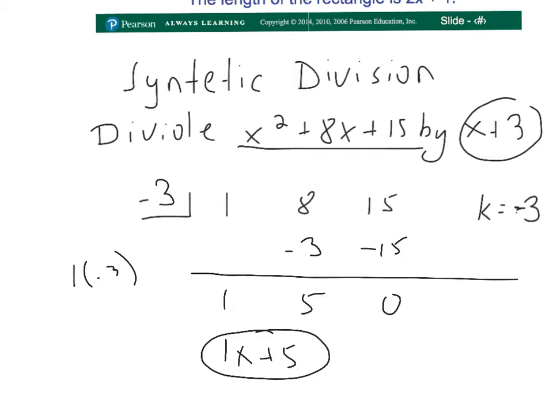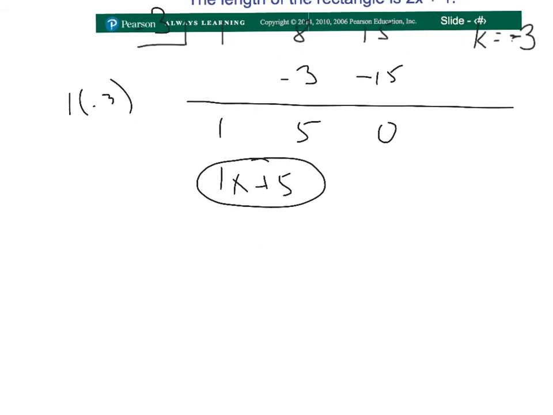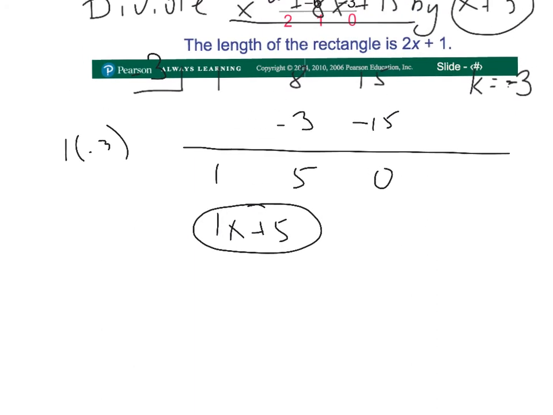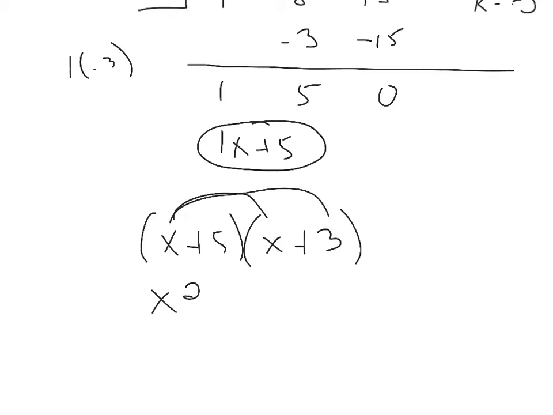Now, let's take a moment and see if our answer is correct. Okay? To check if your answer is correct, you could multiply x plus 5 times x plus 3, and let's distribute or FOIL and see what I get. x times x is x squared. x times 3 is 3x. 5 times x is 5x, and 5 times 3 is 15.